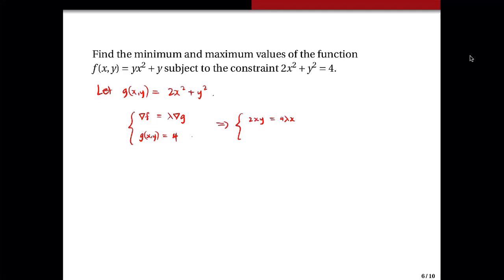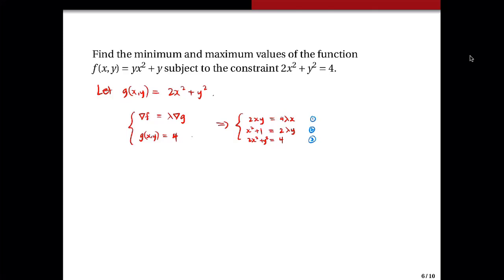And then the partial with respect to y, we have x squared plus 1 on the left-hand side, and on the other side, 2 lambda y. And then, of course, we have 2x squared plus y squared equals 4. So we need to solve this system. Let me label these equations as equations 1, 2, 3.